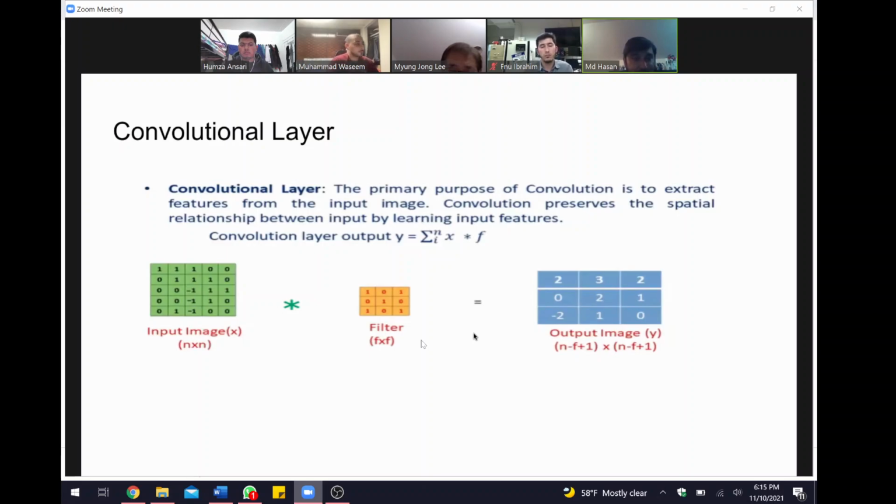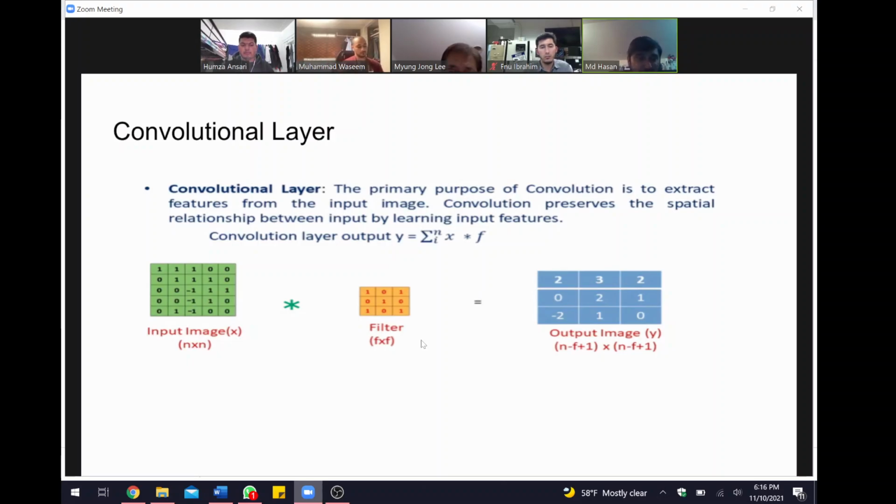In this convolution layer, the primary purpose is to extract features from the input image. It produces output by simply convolving the input image with a filter.